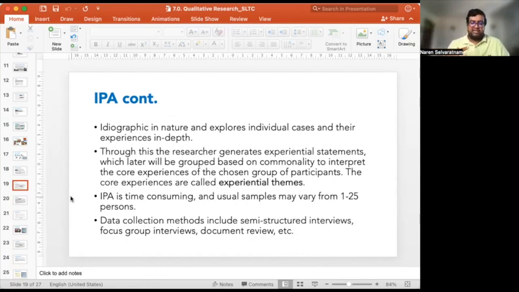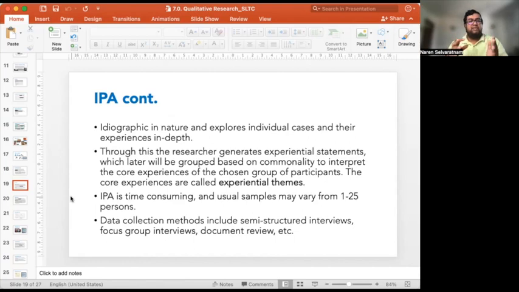And these experiential statements are put together based on commonality. And then you develop experiential themes. And then you use these themes to understand the experience of the people. So I would recommend you go through a specific video on analysis for you to have a better understanding about this.